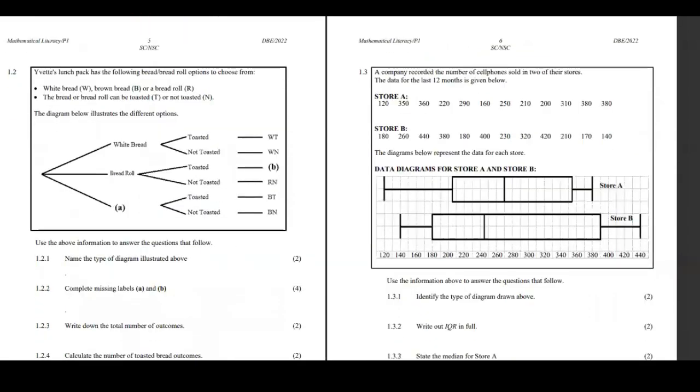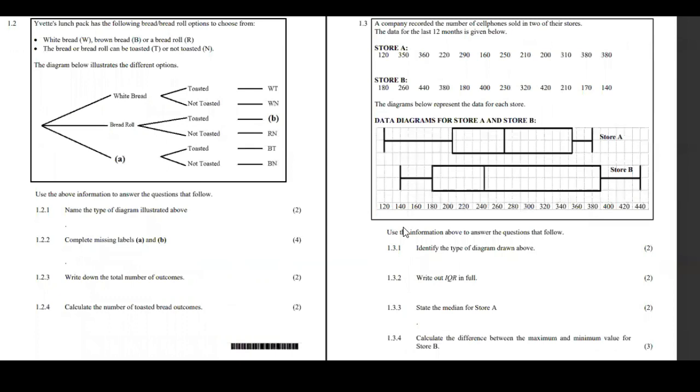Let's continue to question number 1.2. It has a certain diagram there, and they want us to answer this diagram. When you look at this diagram clearly, you read through the scenario. It says white bread represented by W, brown bread represented by B, a bread roll represented by R. So here, of all these items that we have, something is missing, because we see white bread, it's here, and bread roll, it's here.